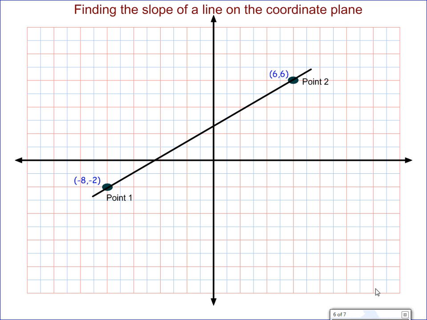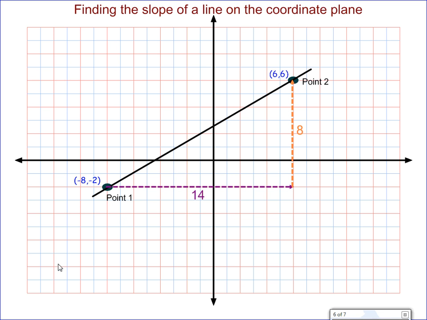Rise over run. I'm going to count the rise. The physical units between this point and this point here are 2, 4, 6, 8. 8 will be our rise. And the distance or physical units between this point and this point on the x-axis will be 2, 4, 6, 8, 10, 12, 14. 14.